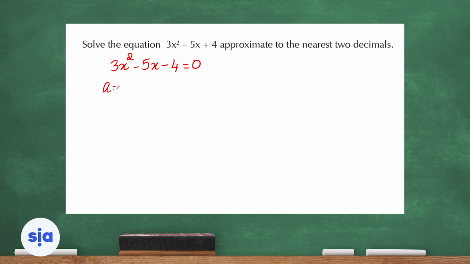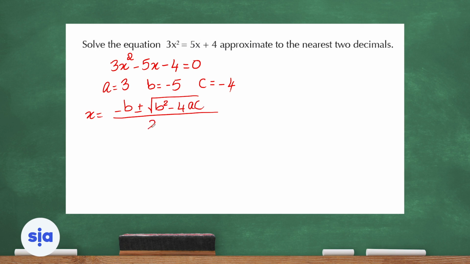We have a equals 3, where b equals -5, and c equals -4. So the quadratic formula says x equals minus b plus or minus square root of b squared minus 4ac over 2a. So you substitute this in here.